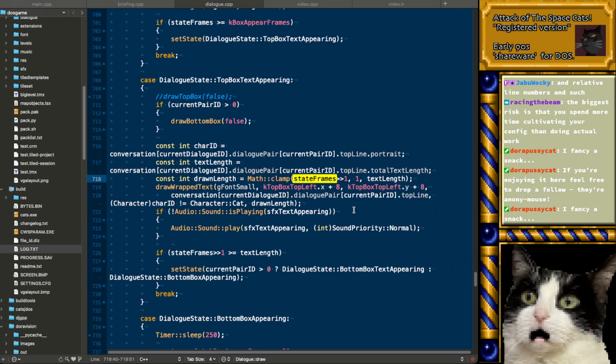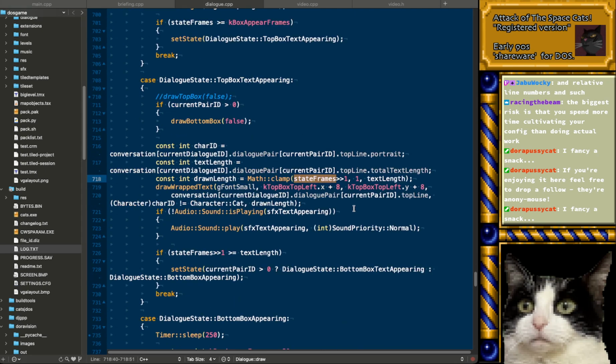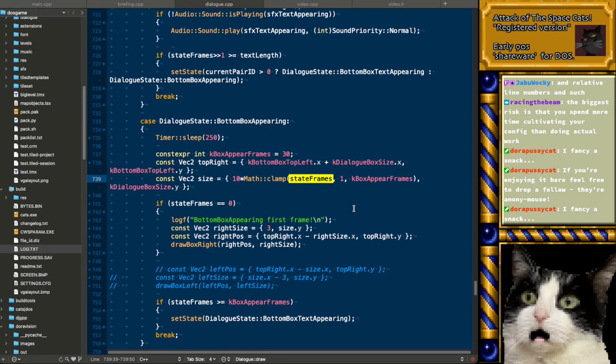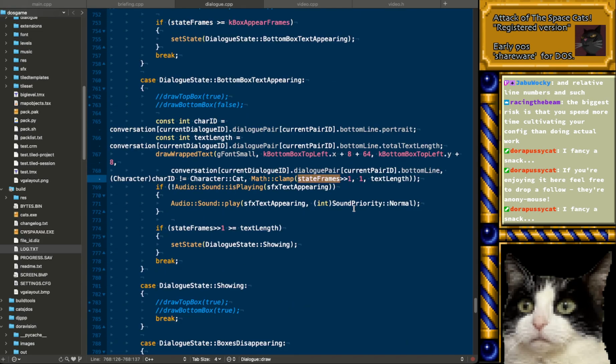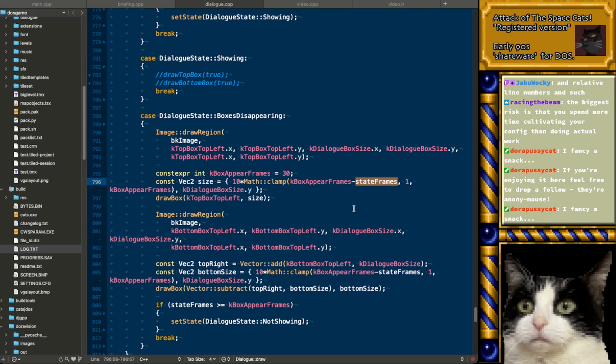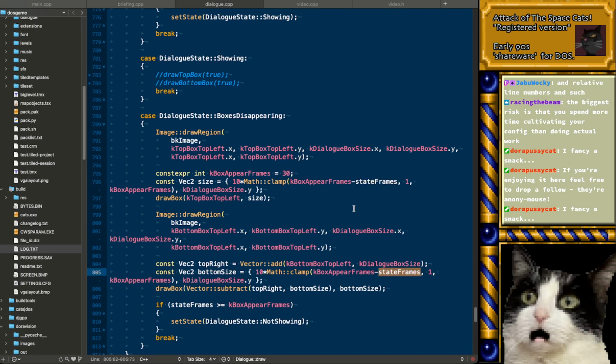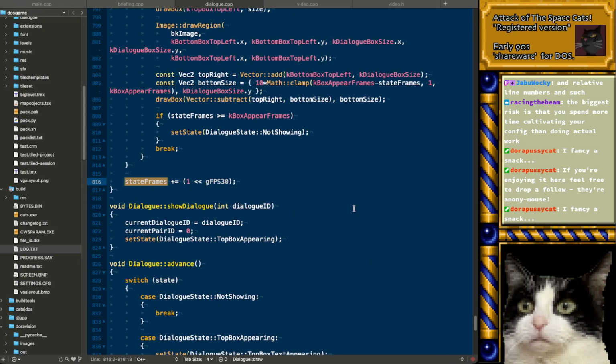How does it get incremented? How did that go back around? There it is. It should certainly be 0 there.